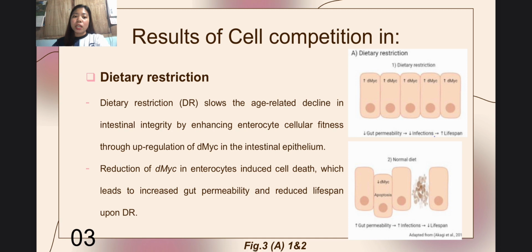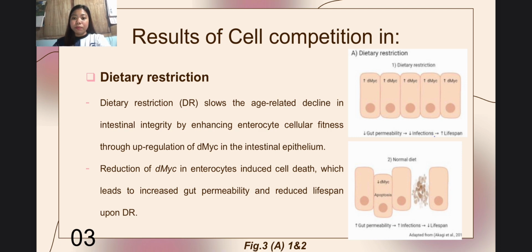Cell elimination leads to punctual disruption of the gut epithelia, which increases its permeabilization, favoring the appearance of infections and reducing lifespan. By increasing the fitness status of the gut epithelia, CC is blocked, gut integrity is maintained, and the lifespan extended.